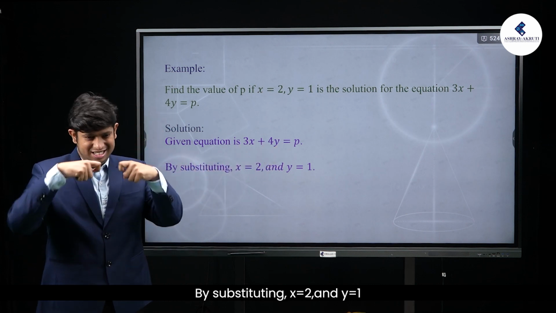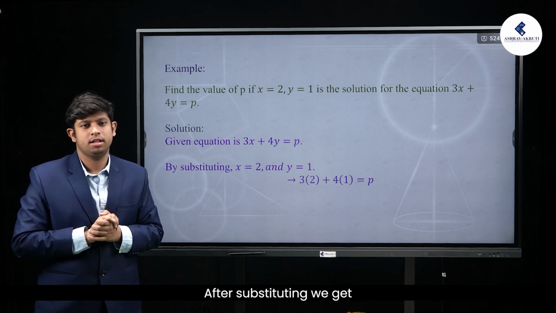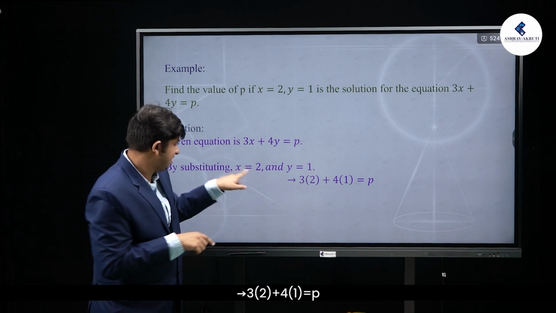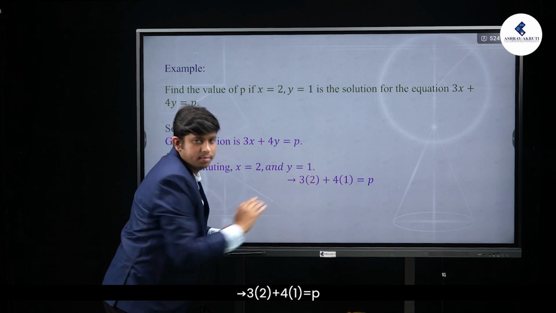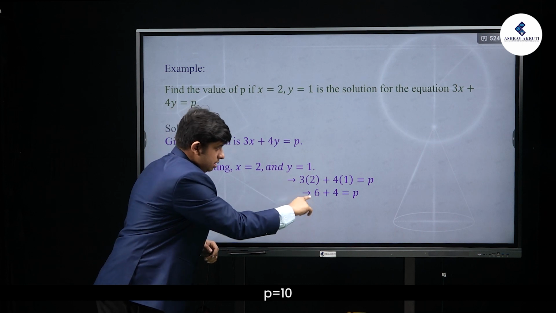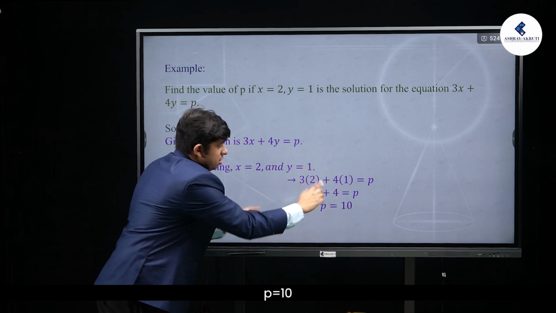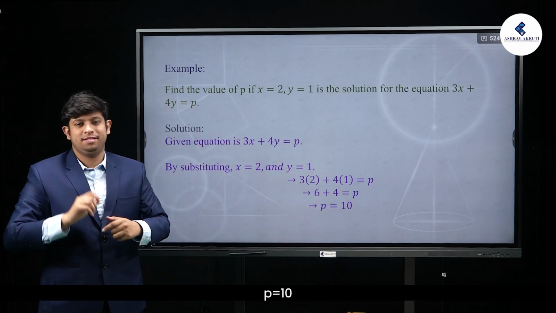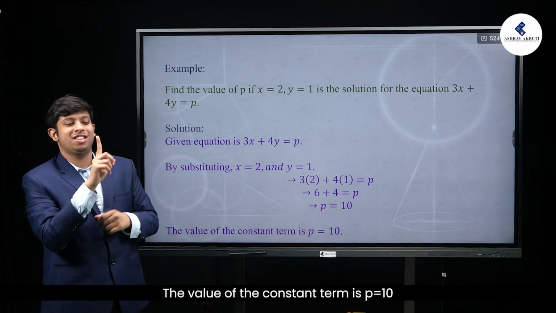By substituting x equal to 2 and y equal to 1, we get 3 into 2 plus 4 into 1 is equal to p. After solving we get p is equal to 10. The value of the constant term is p, which is equal to 10.